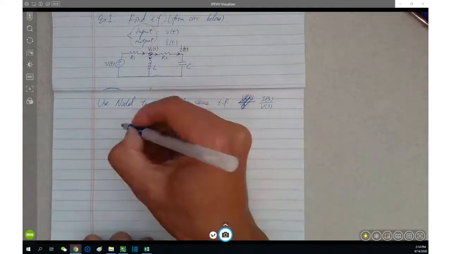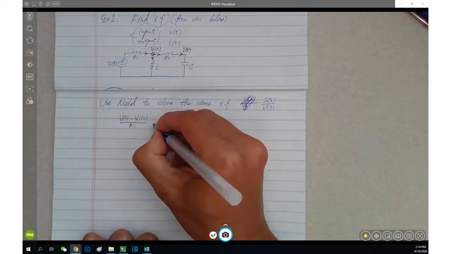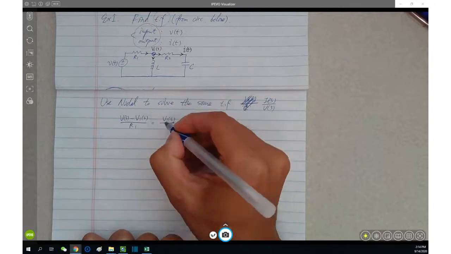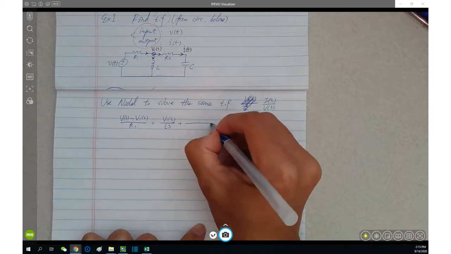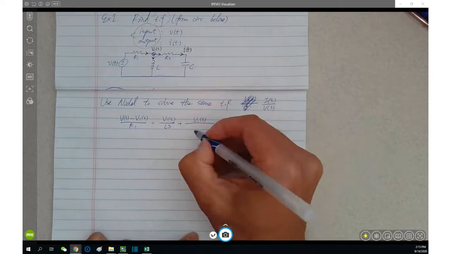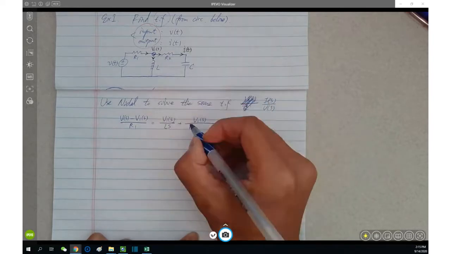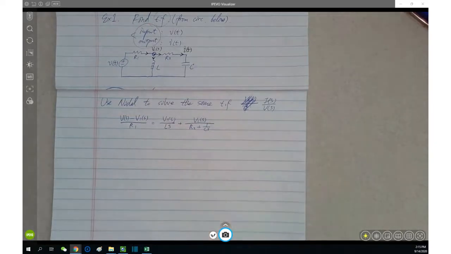The resultant KCL at this node is (V of s minus V1 of s) divided by R1 equals V1 of s divided by the impedance Ls, plus V1 of s minus 0 divided by the total branch impedance, R2 plus 1 over Cs.